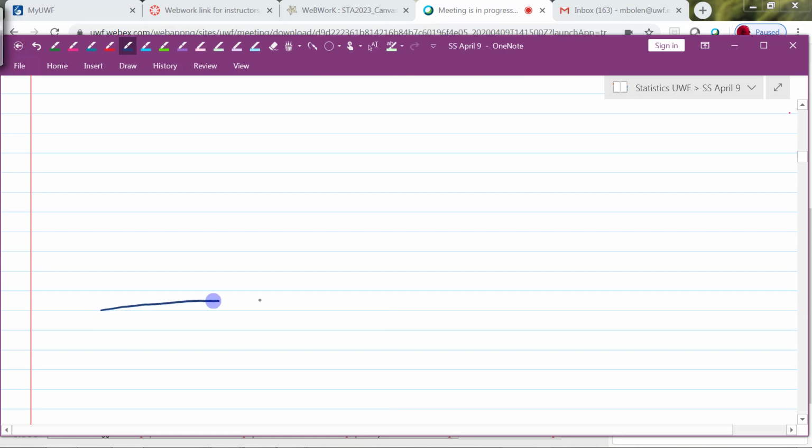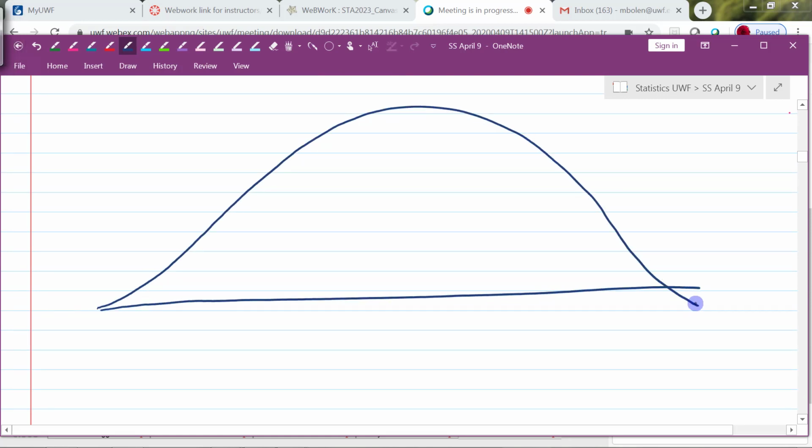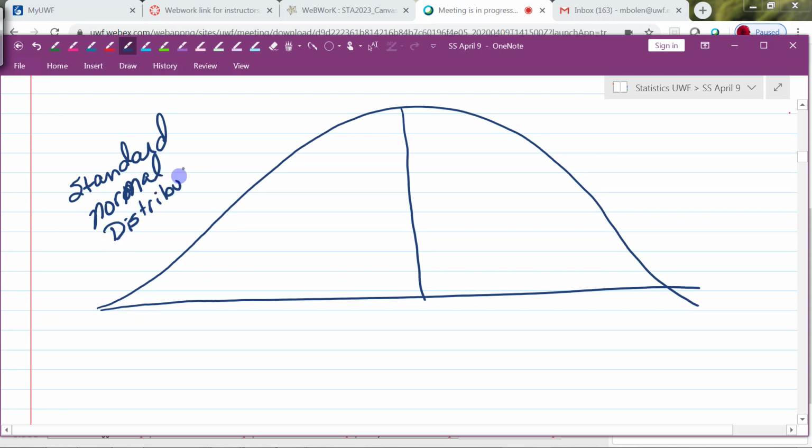So this is our standard normal distribution. And we put the mean in the center, and it's 0.